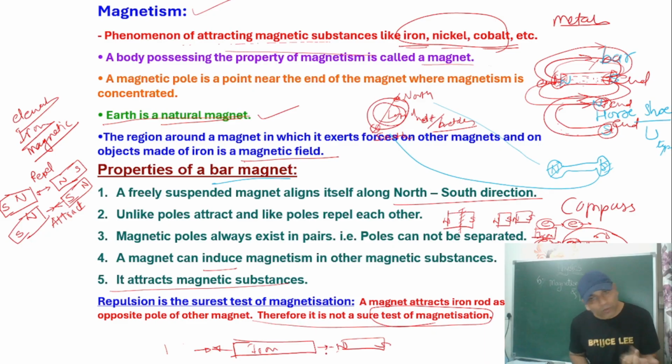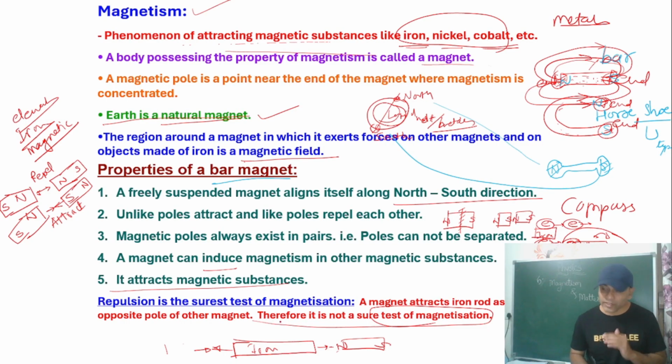But on both sides it gets attracted. Here we can see the iron shows magnetic properties, but it can attract at both places. So it is not a sure test of magnetization until it itself gets magnetized. Till that time it is not showing the poles.